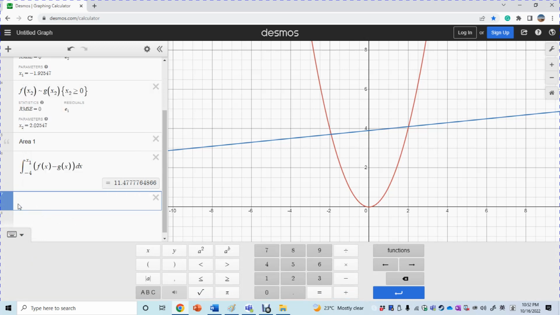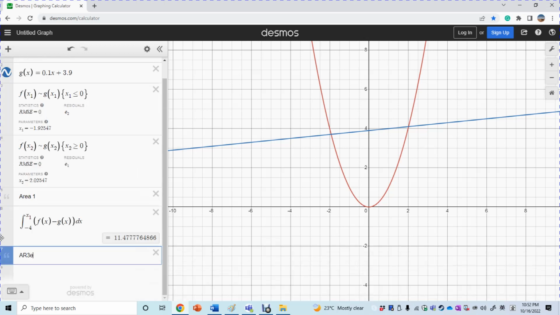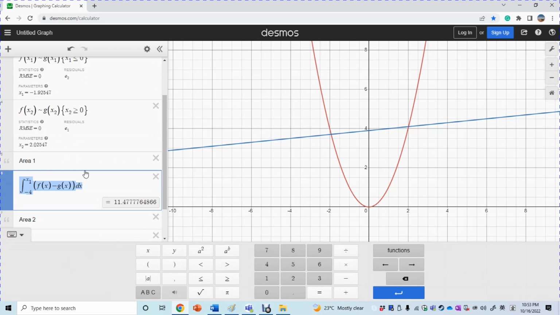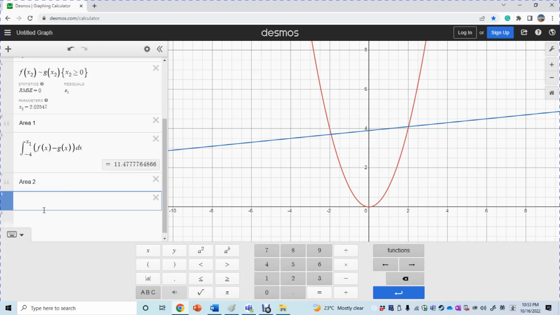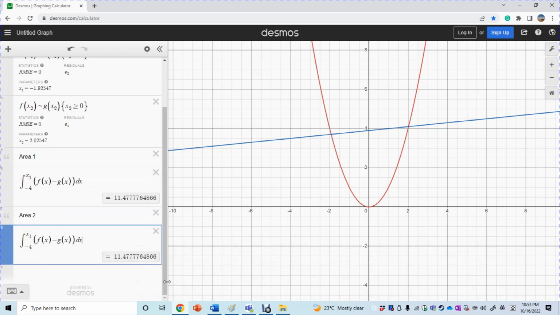Oh, I can't do it, so I have to input that again. Sorry. That will be area number 2. You don't want to click those templates, so you can copy and paste.